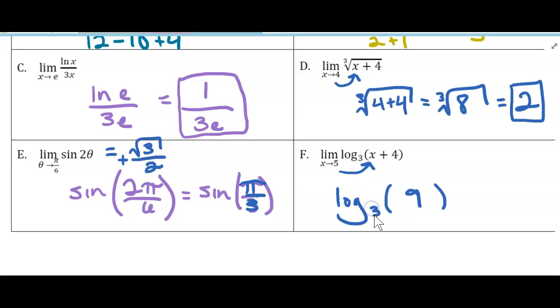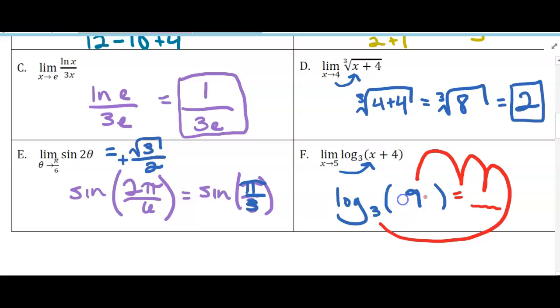In December, in Unit 4, we said, hey, if we're trying to evaluate a log, and this is equal to something, well, we talked about this as the chubby hand rule. 3, my base, to what power equals 9? Well, that's going to be 3 to the second power. 3 squared equals 9. And so this limit is 2 as well.